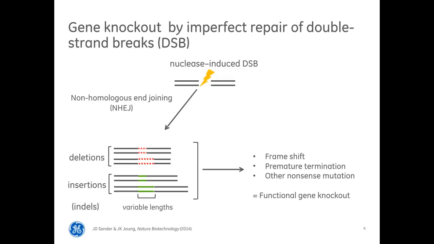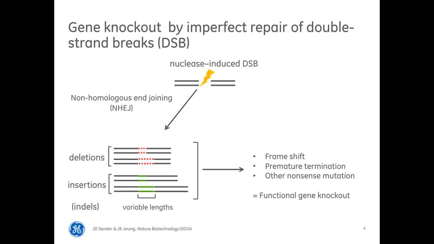Once the Cas9 nuclease creates a double-strand break, the cell's own DNA repair mechanism kicks in. Non-homologous end joining, or NHEJ, typically results in slightly imperfect repair, where the site of cleavage will have mutations due to insertions and deletions, or indels for short.